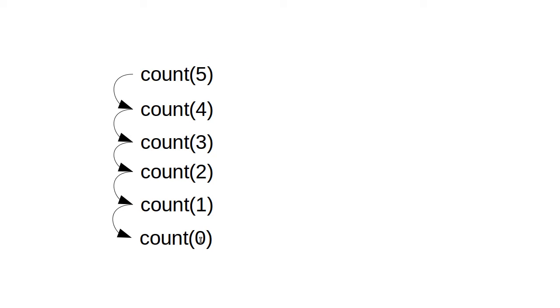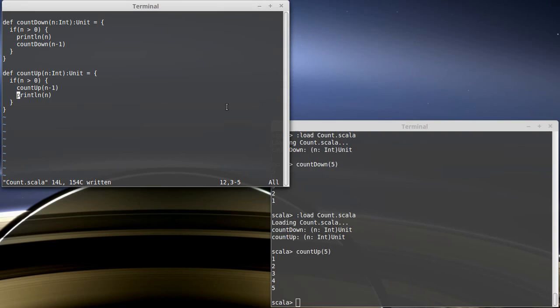Now, because the 0 is not greater than 0, this winds up just returning back up to there, and nothing happens. But this call was sitting and waiting. It made the call to 0, and then when it comes back to here, it does the next line.